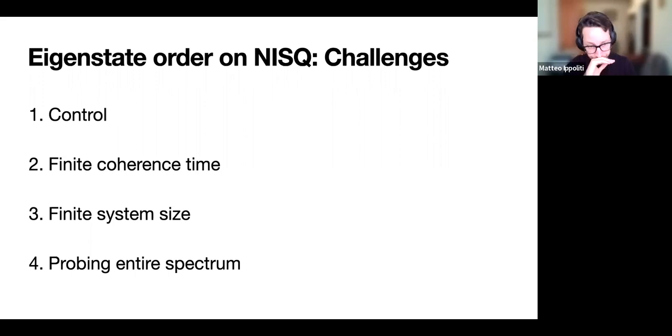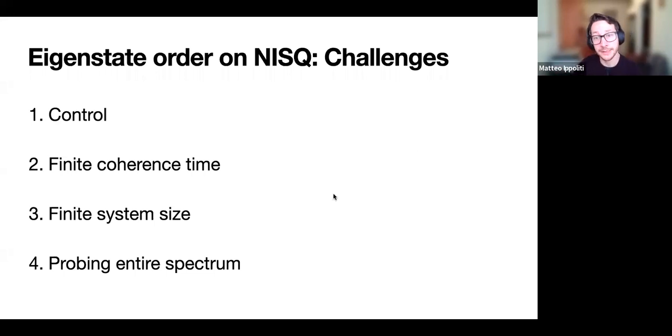And the fact that these devices have an intermediate scale means that we can't take a thermodynamic limit, which is intrinsically necessary in defining a phase of matter. So we have to be careful with how properties of our system scale with system size and whether they're consistent with the existence of some suitable thermodynamic limit where the phase would be stable.